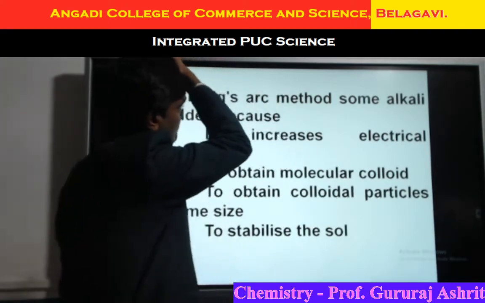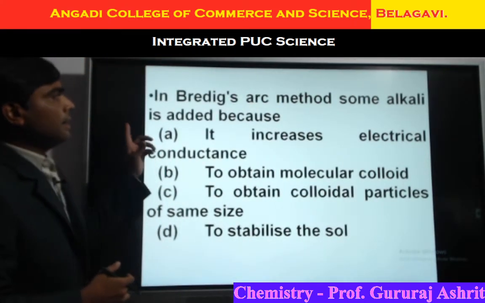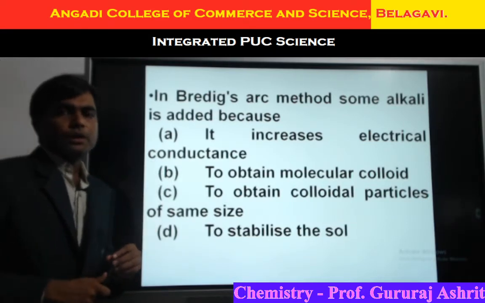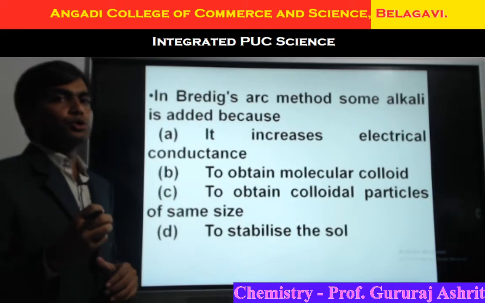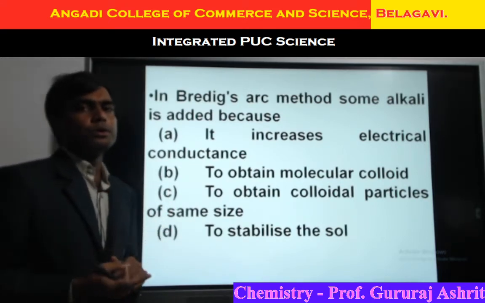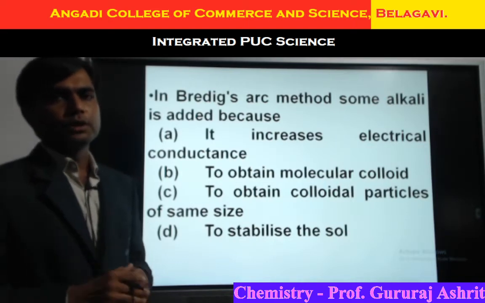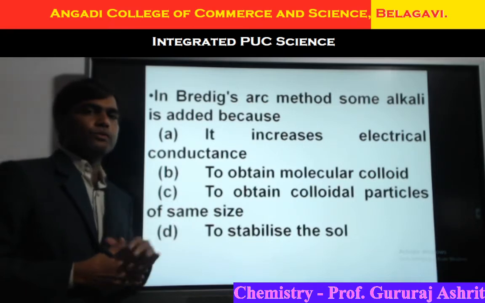Next question. Bredig's arc method, some alkali is added because. So we know that Bredig's electric arc method is used to prepare lyophobic colloids like gold, platinum, silver. So briefly I will tell about the Bredig's electric arc method, then we go for the question.